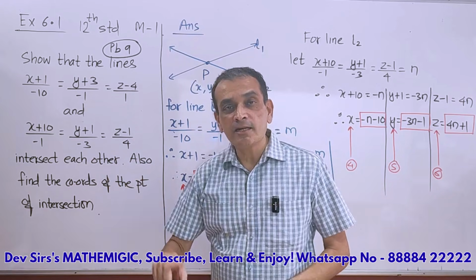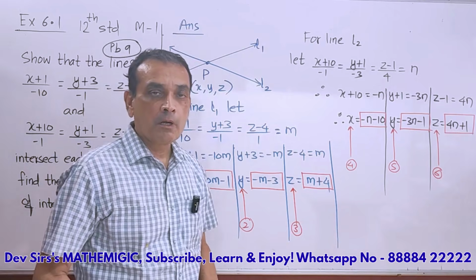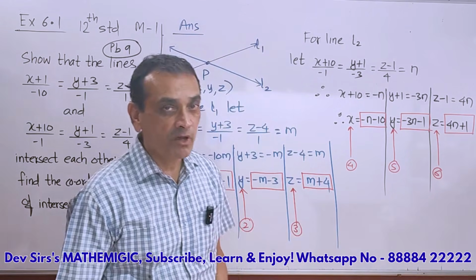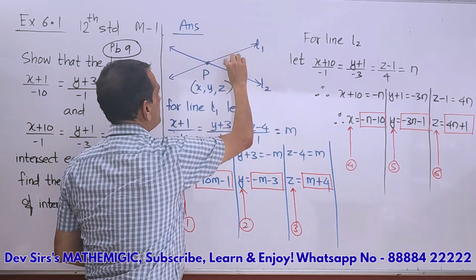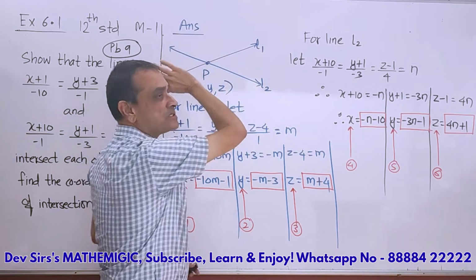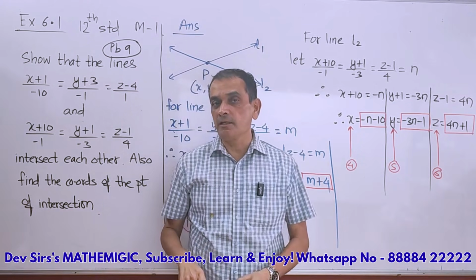To show that the lines intersect each other, these are the two lines L1 and L2. One method, which we have already seen, is to show that the shortest distance becomes zero. Supposing this is the shortest distance, it decreases until it becomes zero. The shortest distance formula we have already seen earlier.